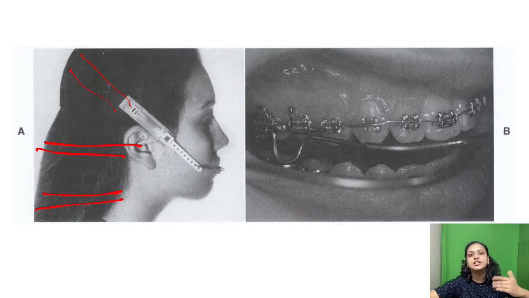So headgear was initially used for distalization, for pulling the maxilla back in cases of maxillary prognathism, or restraining the maxilla as it was called before. But nowadays patients generally do not want to wear such extraoral appliances because it's highly dependent on the patient's compliance. Also they are socially conscious that it should be inside the mouth.